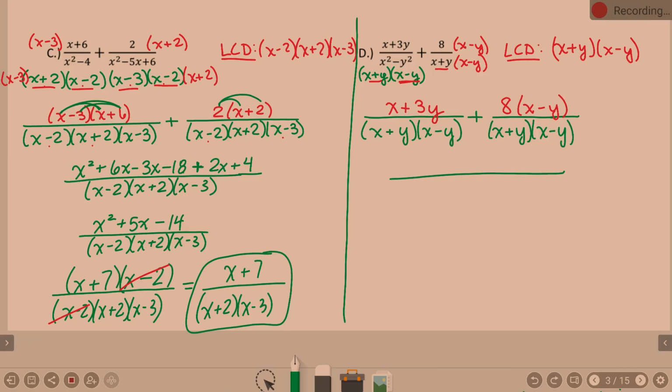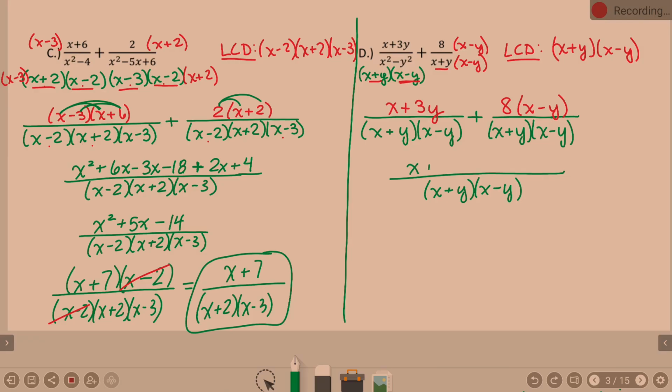My next step, what I've been doing is taking my two fractions and putting them together as one fraction. We don't want to cancel anything. We want to keep that common denominator. So I'm going to pull my two fractions together with common denominator x plus y, x minus y. And then I can put my numerator pieces together.